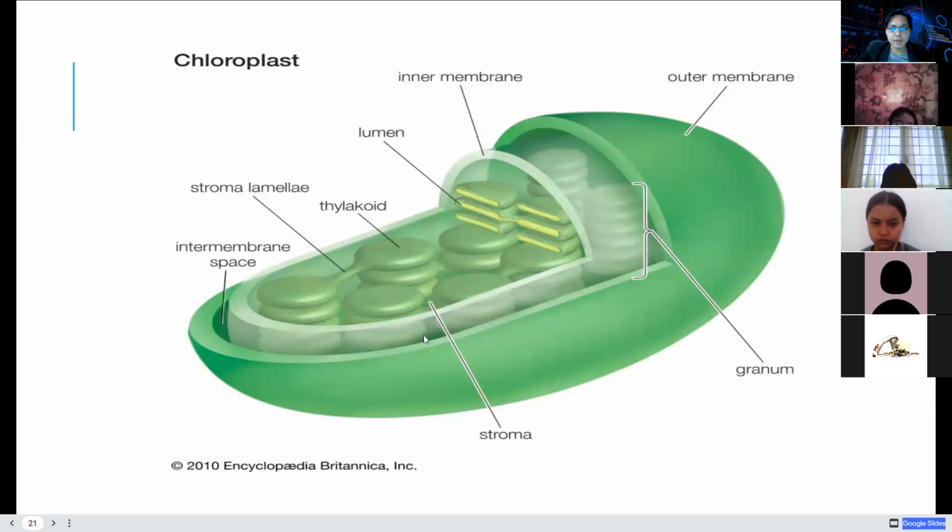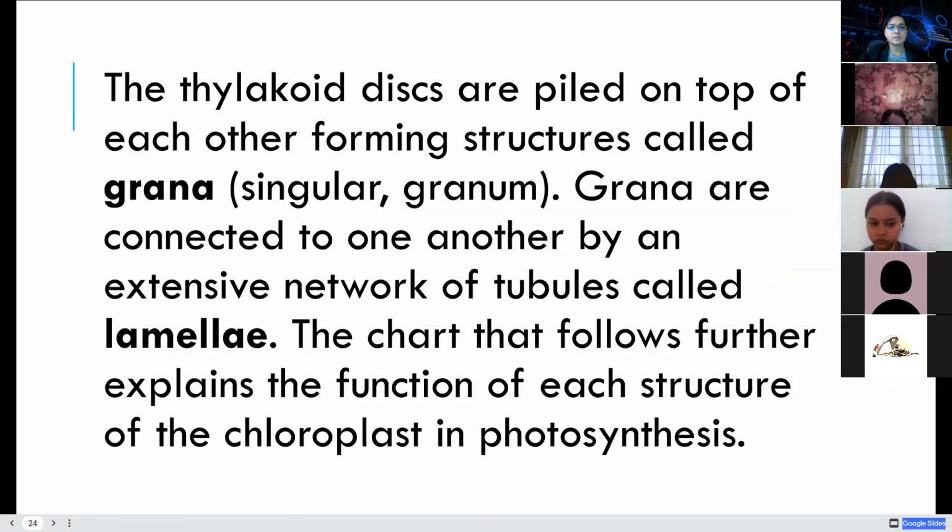This is your stroma. The thylakoid membrane is the one surrounding or covering the entire lumen. Then the intermembrane space and the lamellae. Those are the structures. We still have 1 minute left.